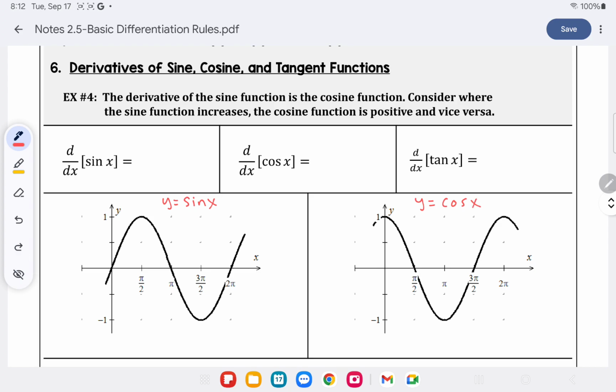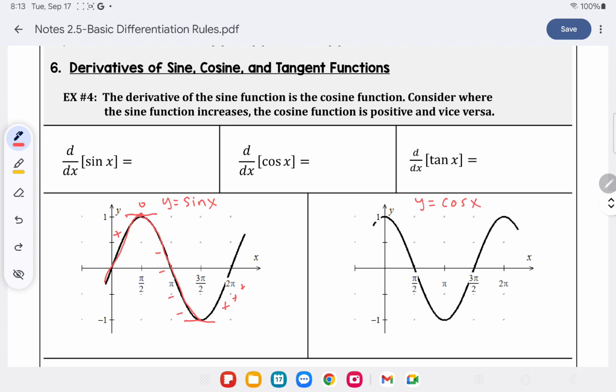And if you notice my sine graph, if you notice my slopes, I'm increasing until pi over 2. So that's a positive slope. And then I have a slope of 0 at pi over 2. And then I'm decreasing, or negative slope, until 3 pi over 2. And then I have a slope of 0. And then I'm increasing again.